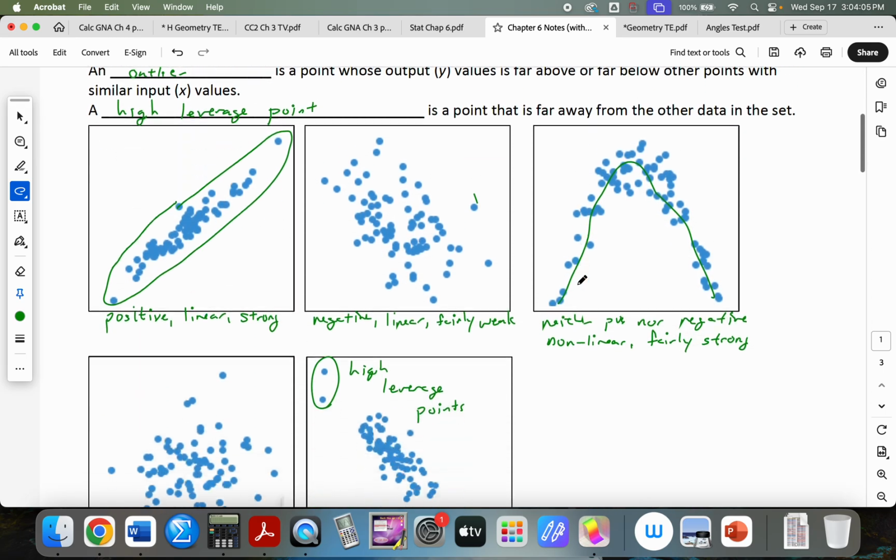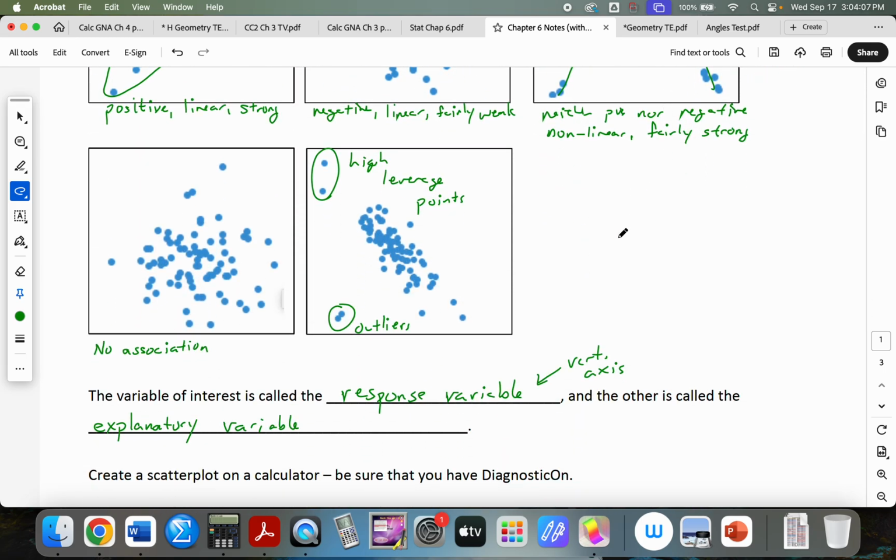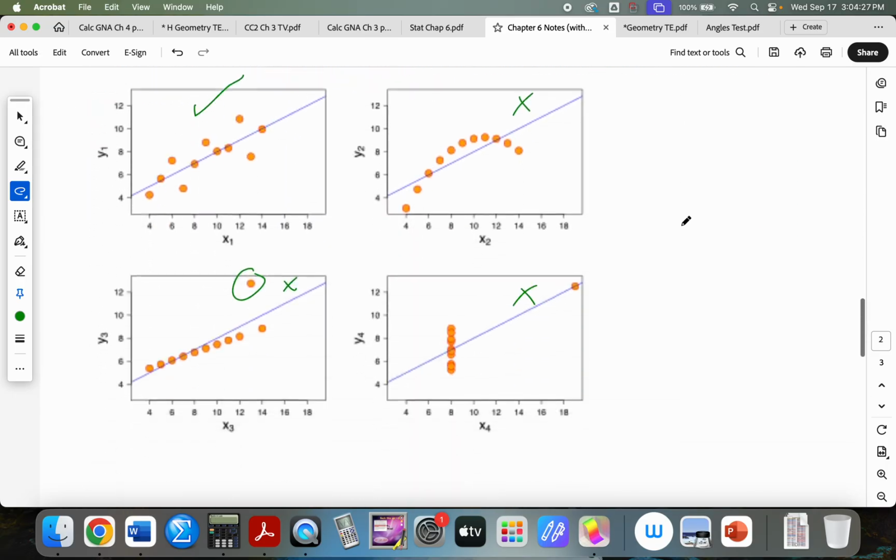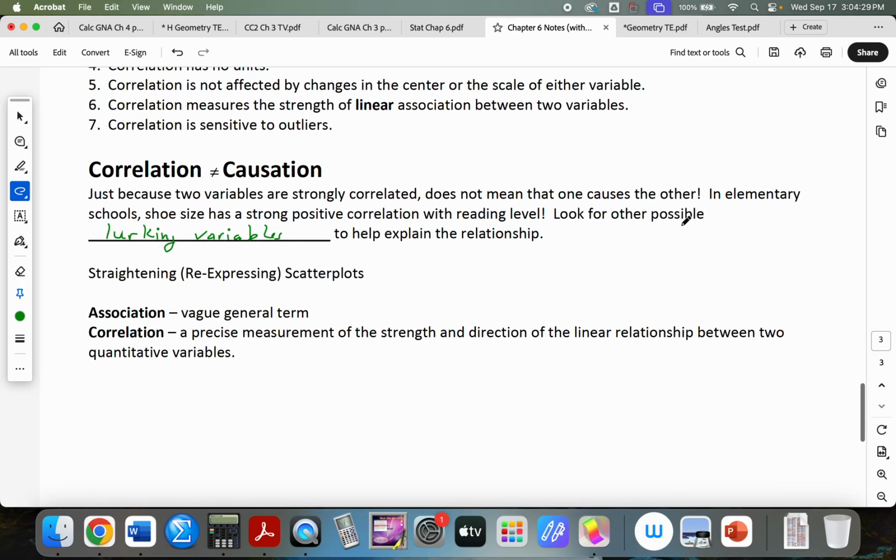There was one in the book where it was more kind of like this, and it was definitely curved. Something like that, frequently if we take like the logarithm of one of the variables, we can straighten that out and make it more linear, which allows us to make predictions about things. Again, we'll get into how to make those predictions.